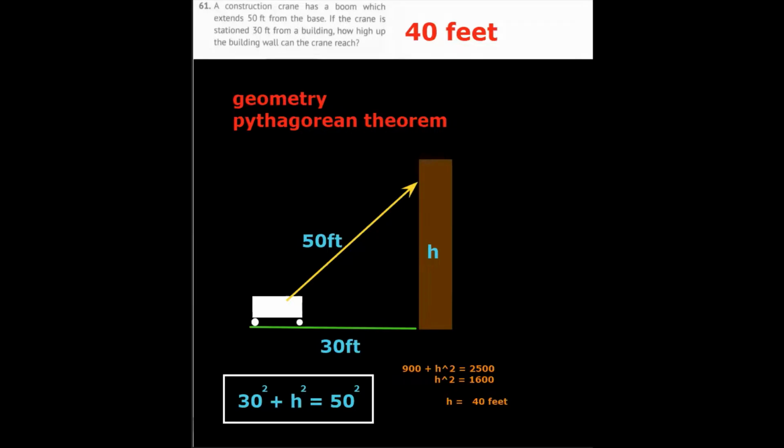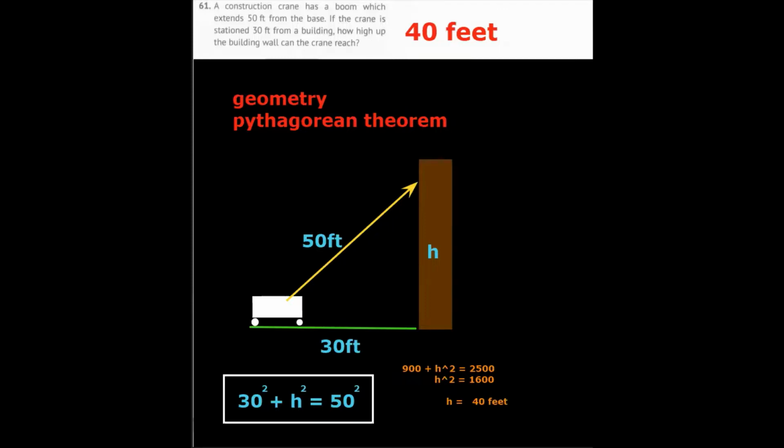Since the crane is stationed 30 feet from the building and we want to know the height that it can reach, we use the Pythagorean theorem, a squared plus b squared equals c squared. Here we have 30 squared plus h squared equals 50 squared, which is 900 plus h squared is 2,500.